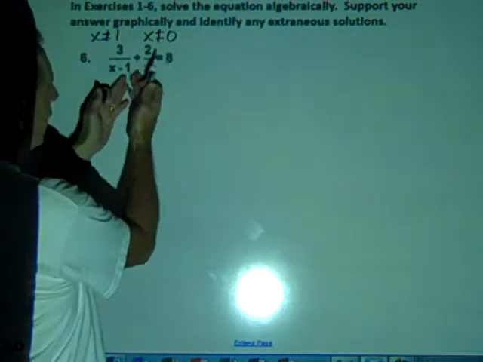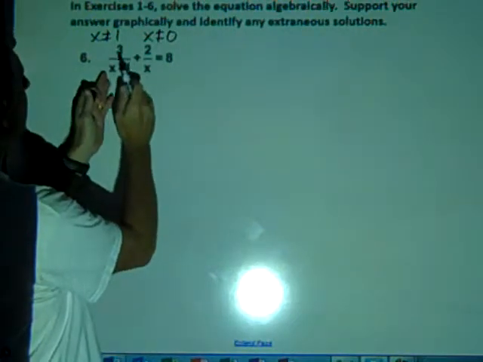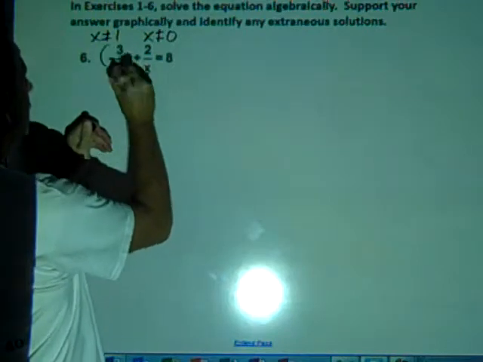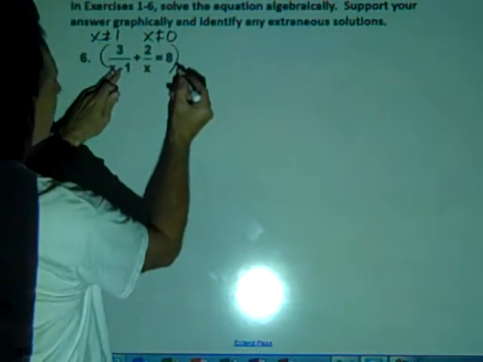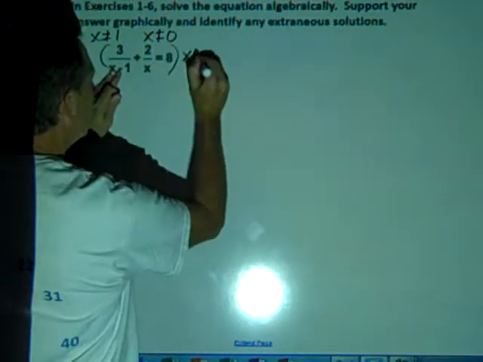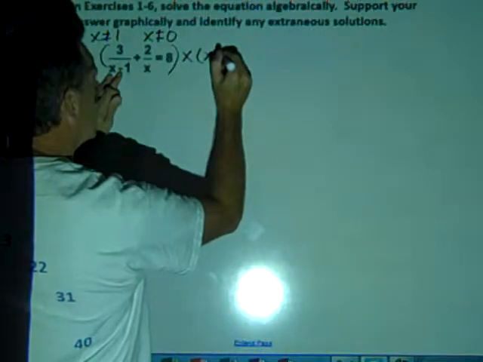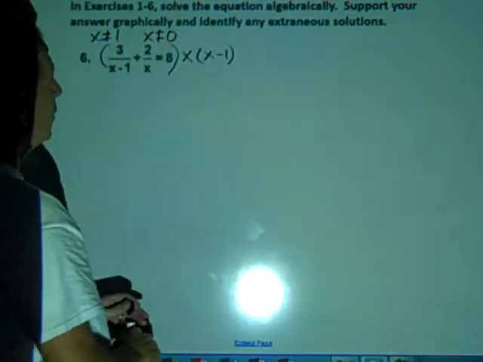So we're going to take a common denominator and clear out the fractions, and we can find a common denominator by multiplying denominators together. So we multiply these two denominators, x and quantity x minus 1, together. So we have the whole equation we're going to be multiplying by x times quantity x minus 1.